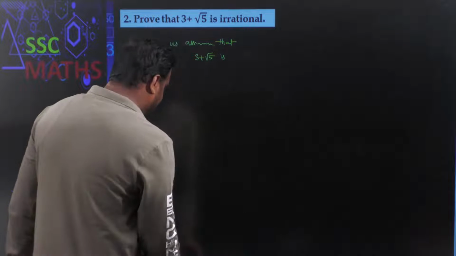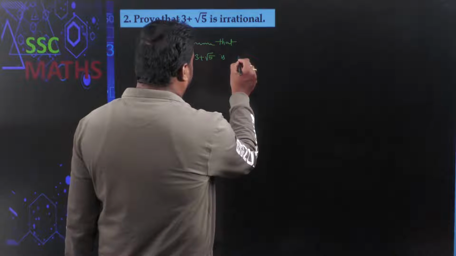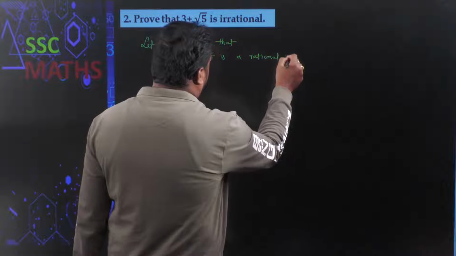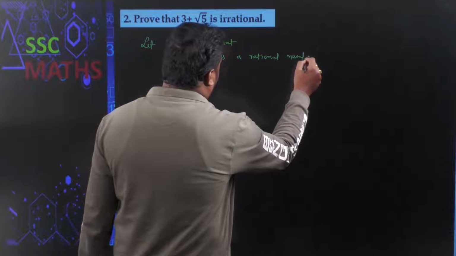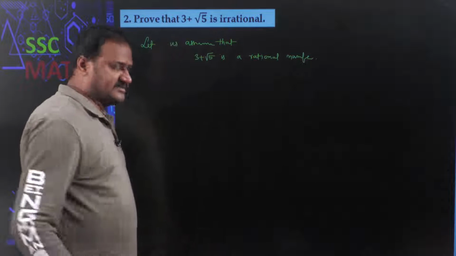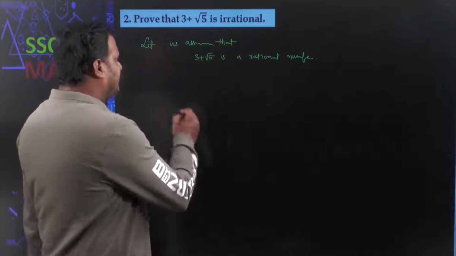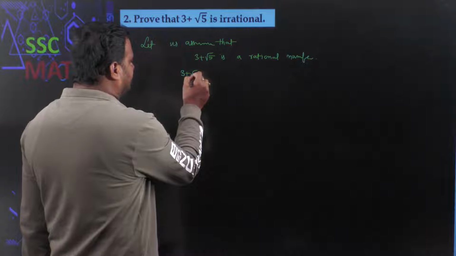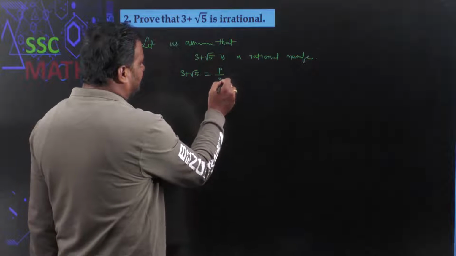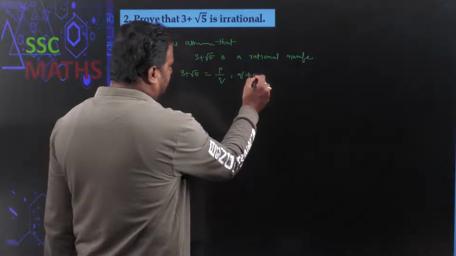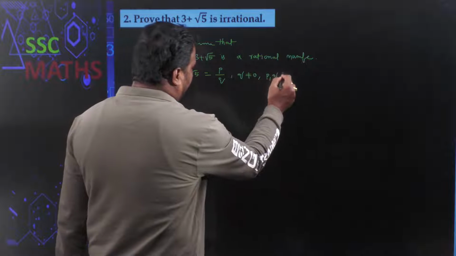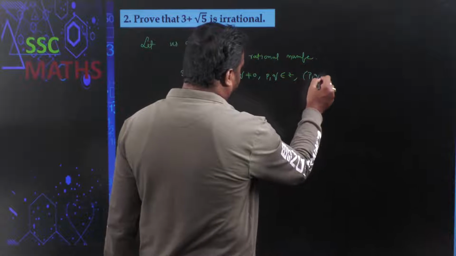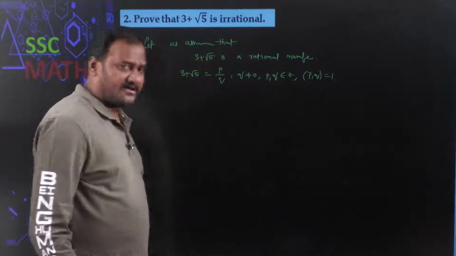As in the previous problem, if 3 plus root 5 is rational, then 3 plus root 5 is equal to P divided by Q, where Q is not equal to 0, P and Q are integers, and HCF of P and Q is equal to 1.